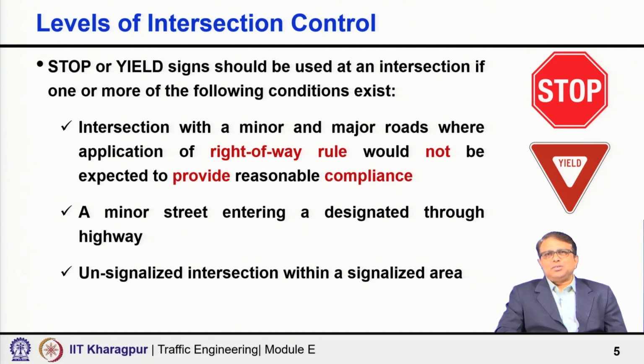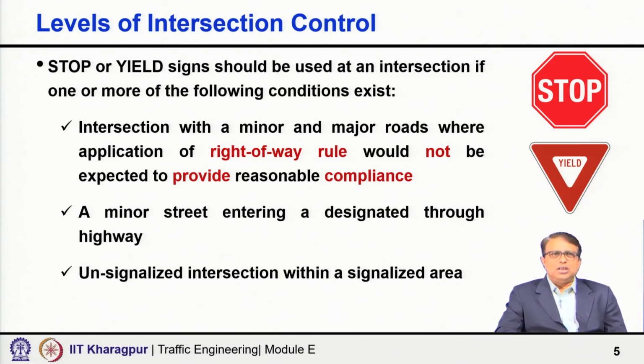People are not following it completely, compliance is not that high, there are safety issues, there are operational issues. Also, maybe a minor street entering a designated through highway, as I mentioned earlier.